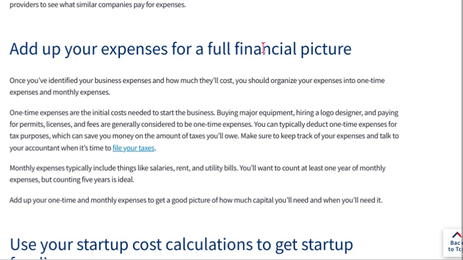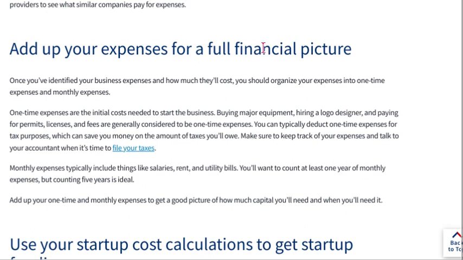Buying major equipment, hiring a local designer, and paying for permits, licenses, and fees are generally considered to be one-time expenses. You can simply deduct one-time expenses for tax purposes, which can save you money on the amount of taxes that you owe at the end of the year. Make sure to track your expenses and talk to your accountant when it's time to file your taxes.